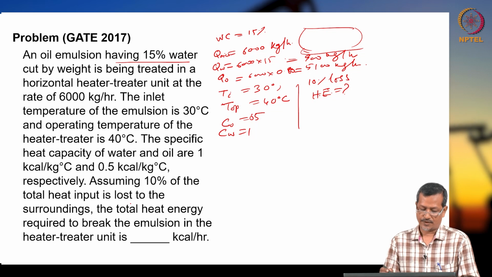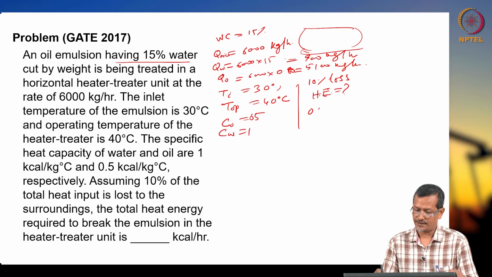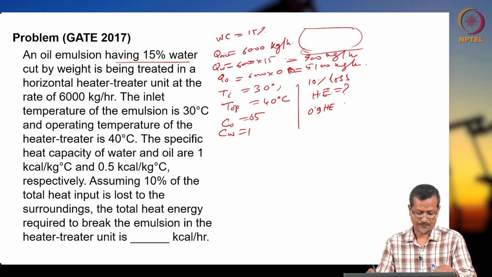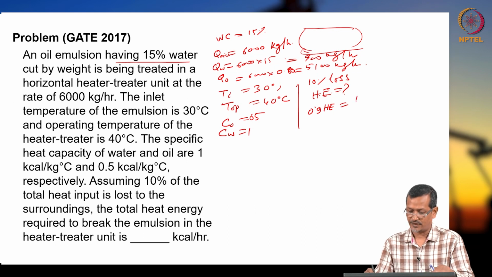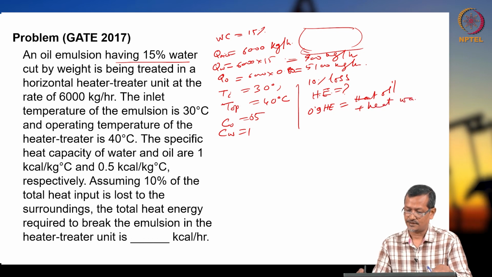Okay. So, water cut we got, oil flow rate we got. So 0.9 heat energy equals heat oil plus heat water.